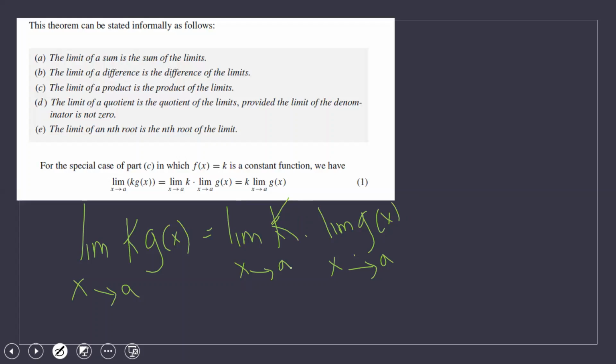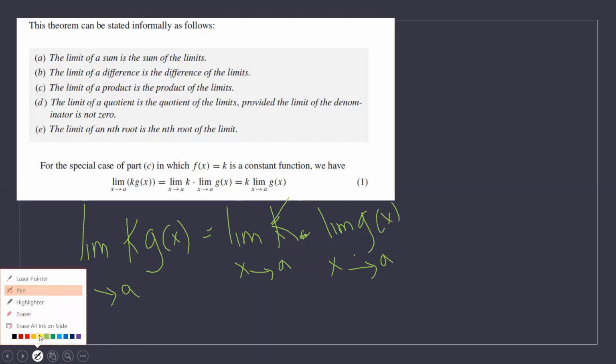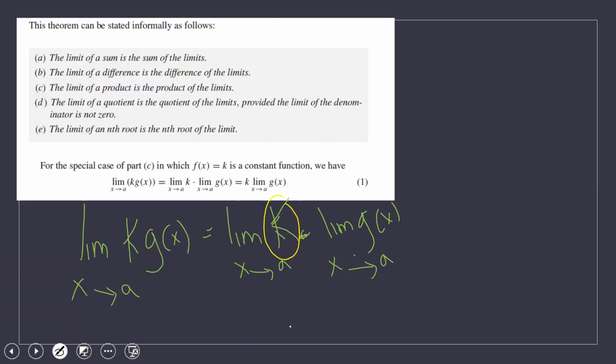As we noted before, the limit of any constant is that constant. So as a special case, you can put k outside, times the limit of g of x when x approaches a. So if you have the limit of any number multiplied by a function, just move the constant outside.